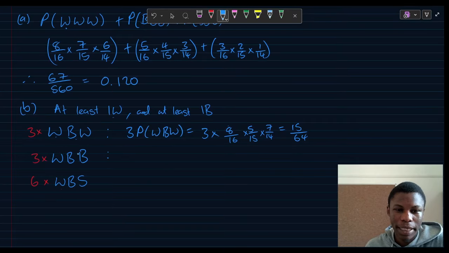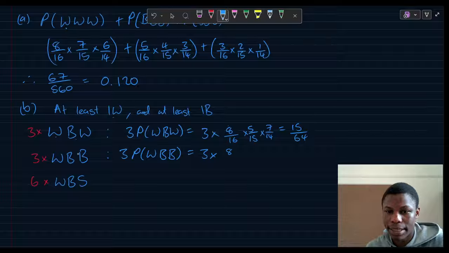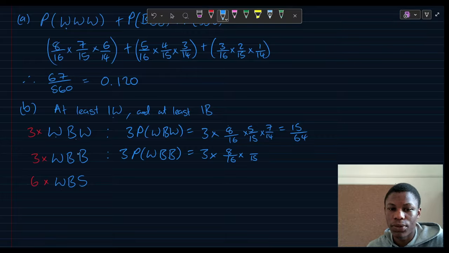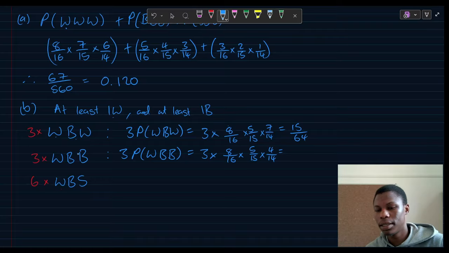All right, and then we want to do 3 times the probability of WBB. We want to pick a white car on our first pick, so that's 8 over 16, times, we've picked one car, so only 15 remain, and out of those 15, we want to pick a black car, we've got 5 black cars, times 14, we want to pick another black car, so only 4 black cars remain.